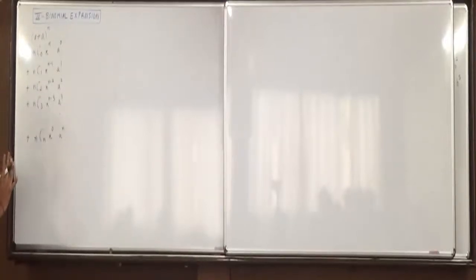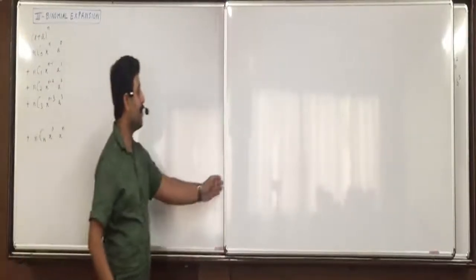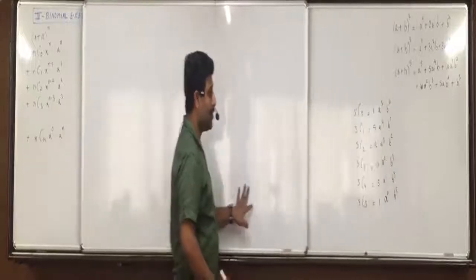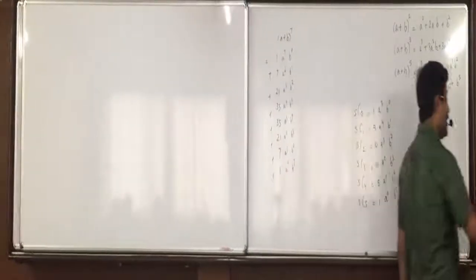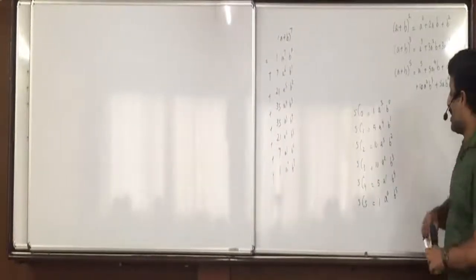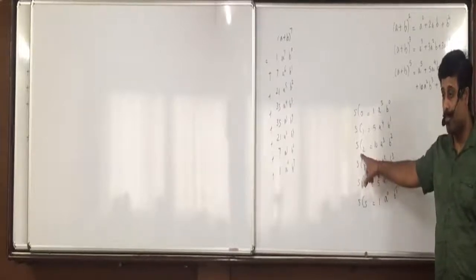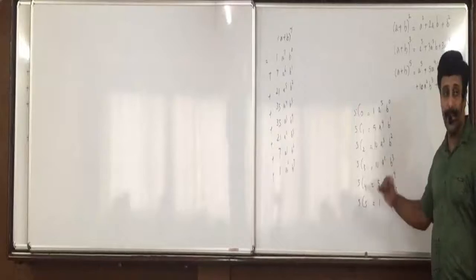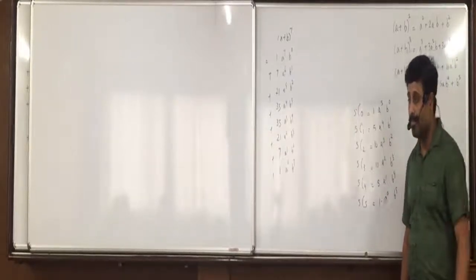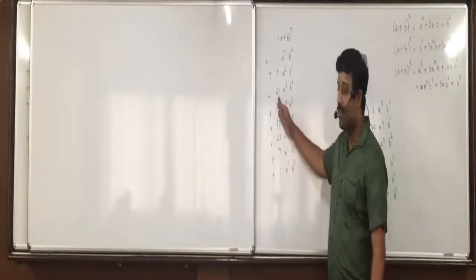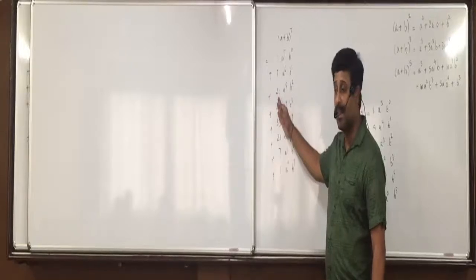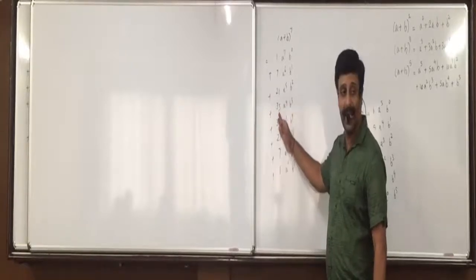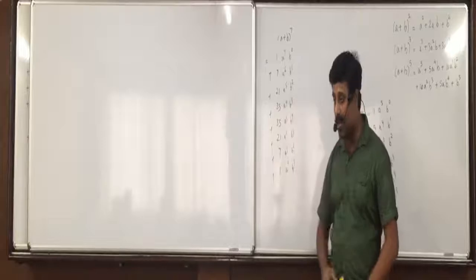Any confusions? Now, these coefficients, like for example, normally you have to solve this 5c2, 5c3 directly. I have written the values and you may not remember it. 7c2 I have written as 21, 7c3 I have written as 35, but you may not remember it.